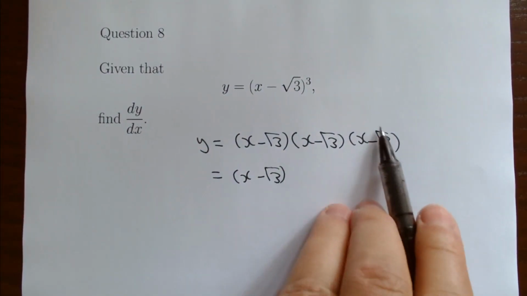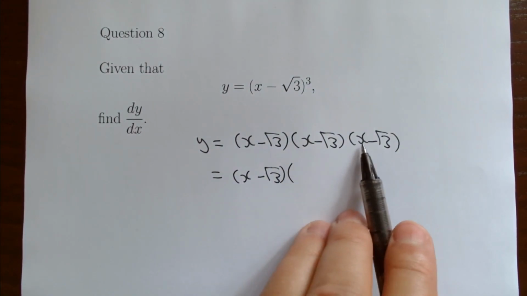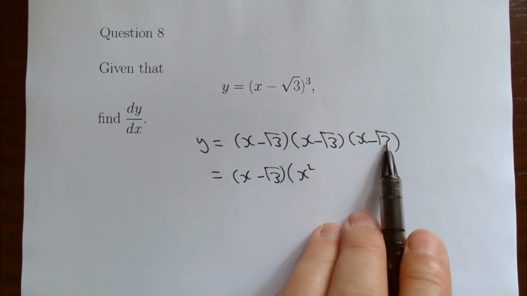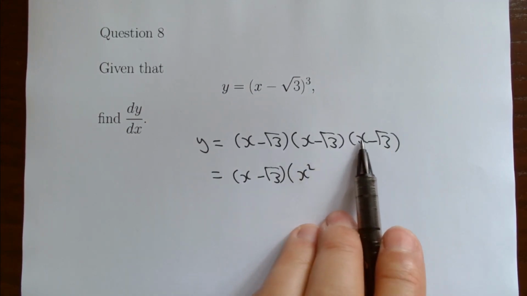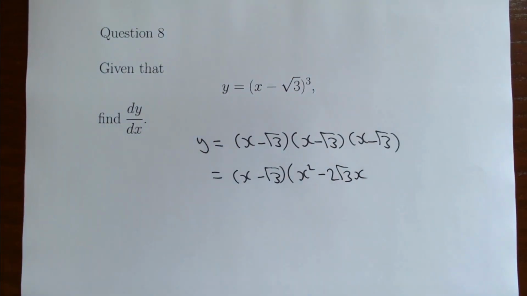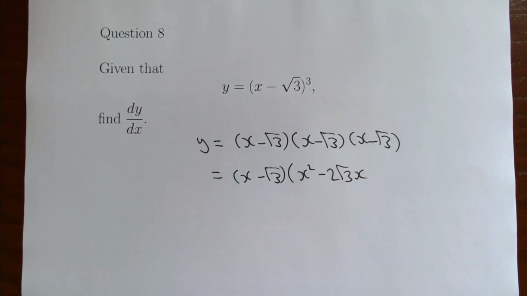And I'll expand the second 2 first. So that gives you x squared. Then you've got minus root 3x and another minus root 3x, so that's 2 of them, minus 2 root 3x, and that times that is positive 3.